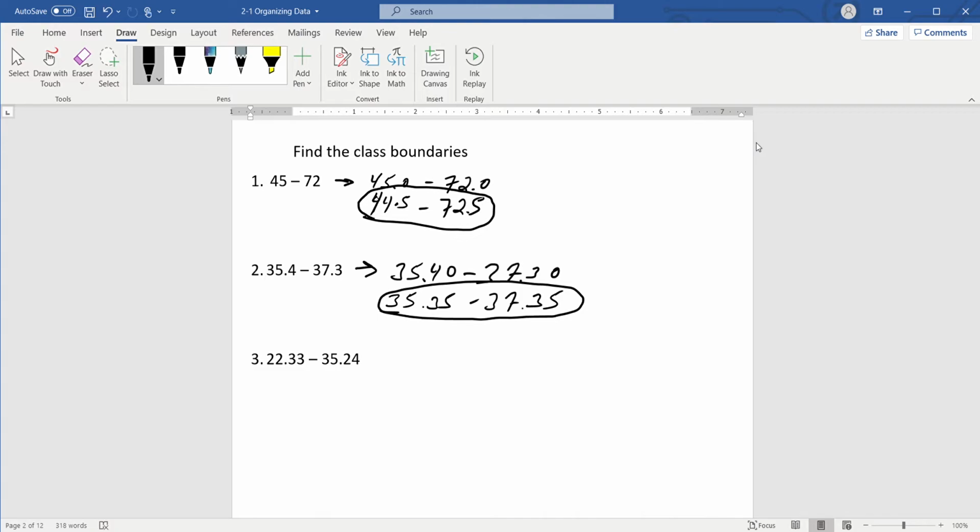Now here, I see 2 decimals, so that means I'm going to need 3 decimals. So the 33 will become 330. The 24 will become 240. 330 minus 5, 325.